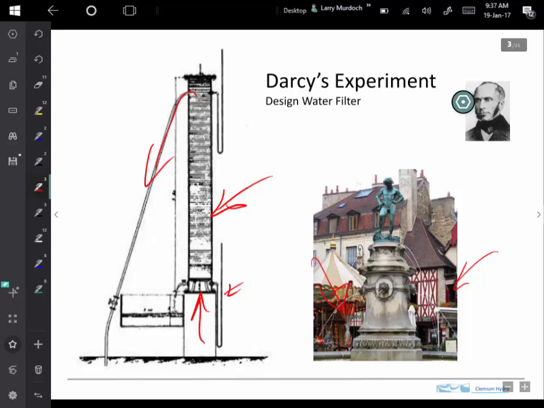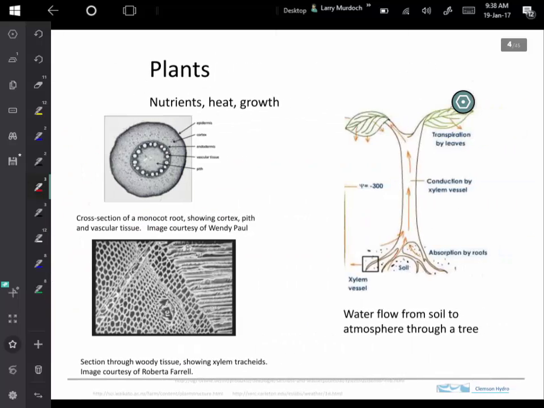So expressed in flux, he had the volumetric flux equal to a constant times the head gradient. And so that became known as Darcy's Law, and we'll get back to that later, but it had this very important origin in understanding how sand filters work.